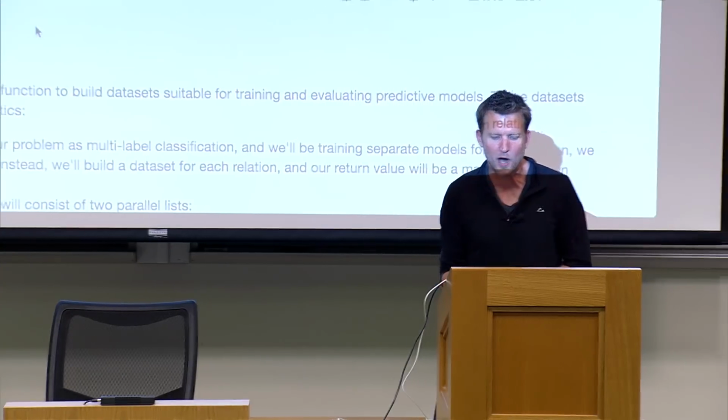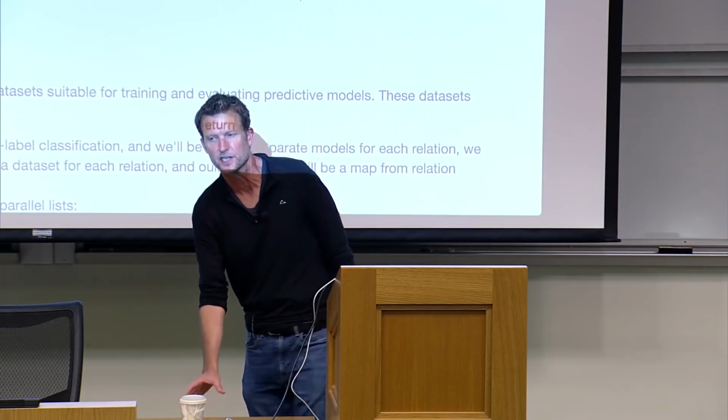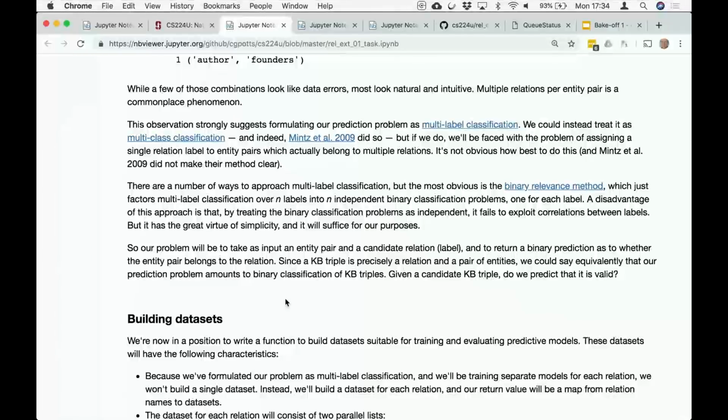So we're going to formulate our problem as multi-label classification. This means that we can assign multiple relations to a given entity pair. There's many different ways to do multi-label classification, but the simplest way to do it is what's called the binary relevance method. And the binary relevance method basically means factor your prediction problem into unrelated binary classification problems.